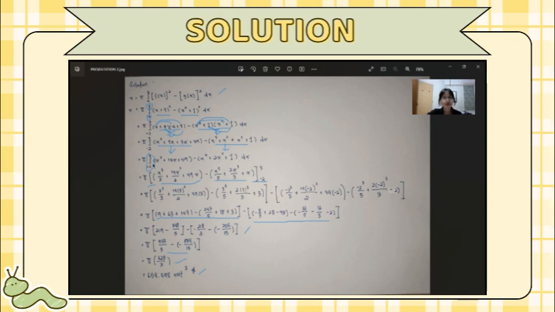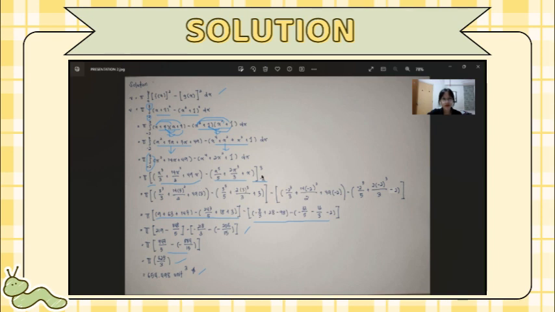Before we go through, we see at the integral here, change this integral into a big bracket, and the values of 3 and negative 2, put them outside of the bracket.